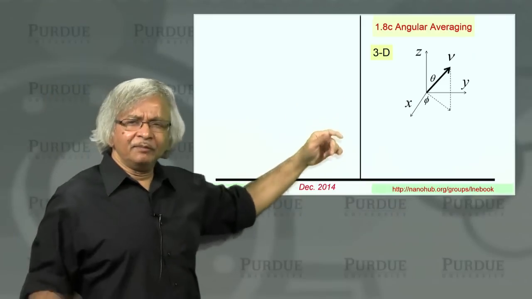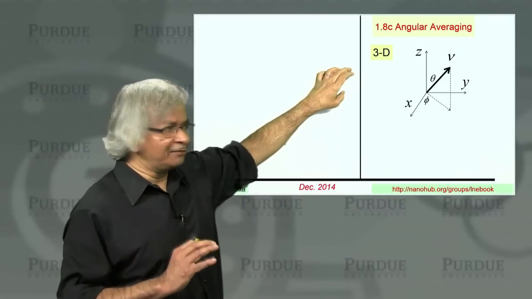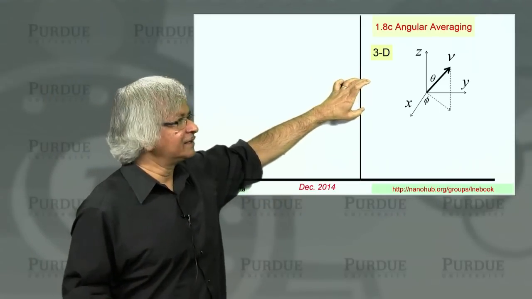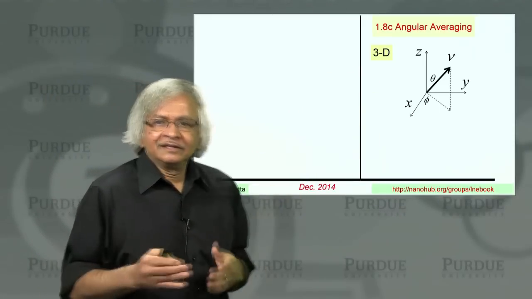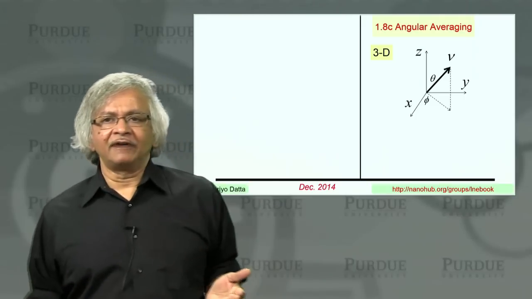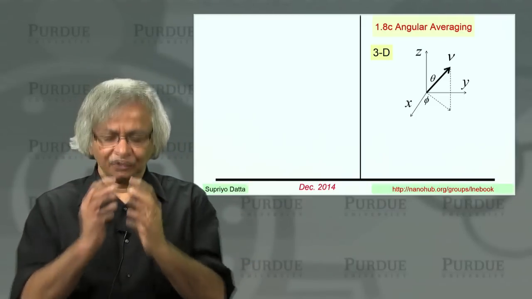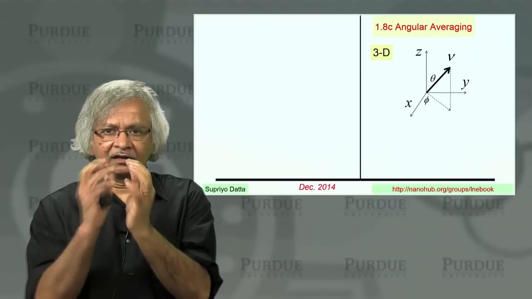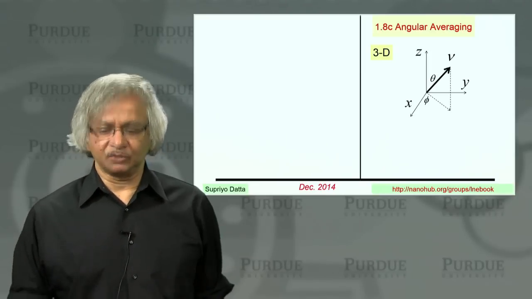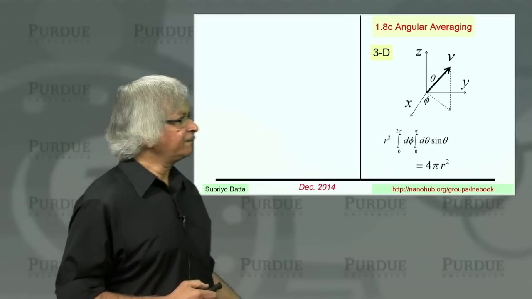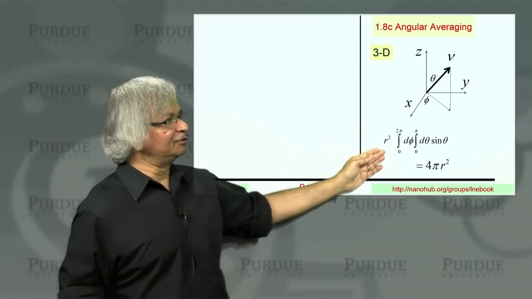If you're not familiar with it, it takes a little time to get used to this. So I'll refer you to standard texts, where people find, say, the surface area of a sphere. As you know, if you had a sphere whose radius is r, the surface area is 4 pi r square. How would you find that? Well, usually what you do is do this integral.